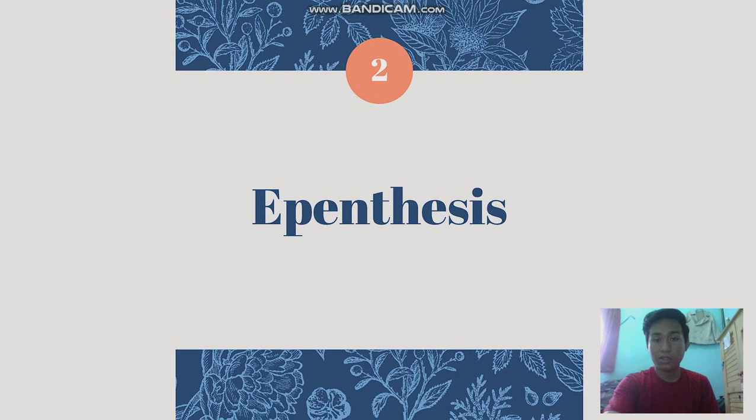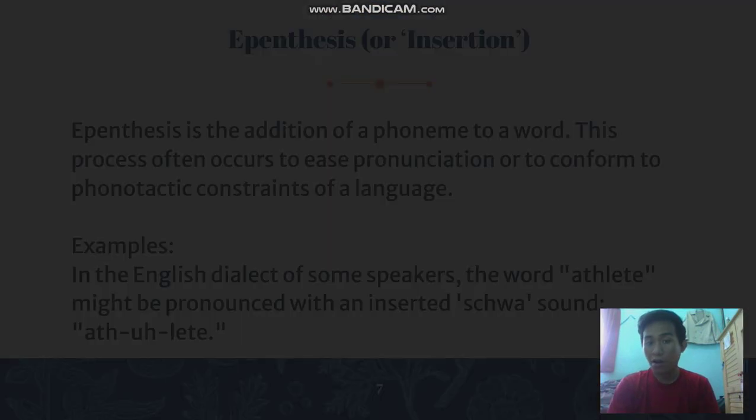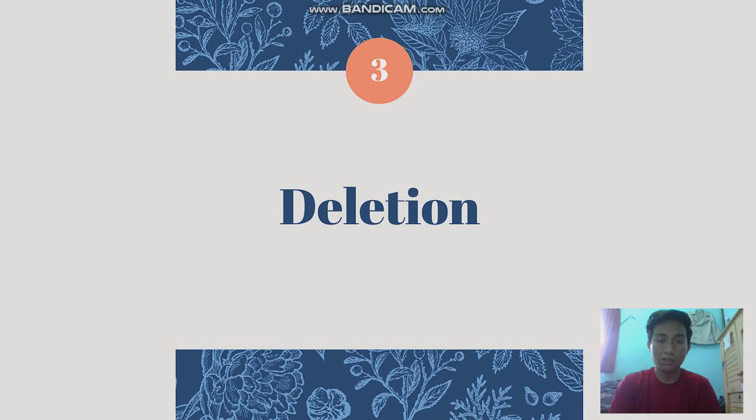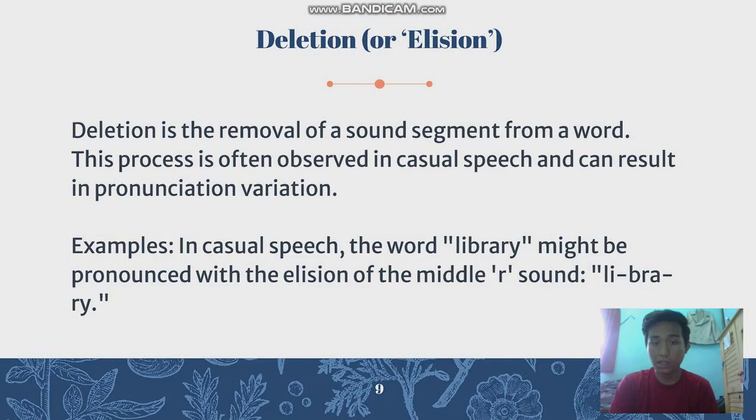Next, in phonological processes, we have epenthesis. Epenthesis involves the insertion of an extra sound, often a vowel, within a word. This can occur to facilitate pronunciation or adhere to phonotactic constraints. Next, we have deletion, or we can call it elision.